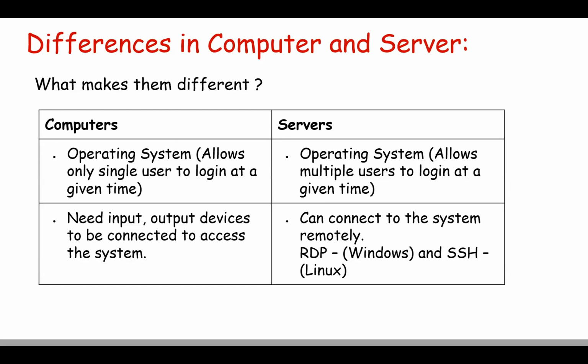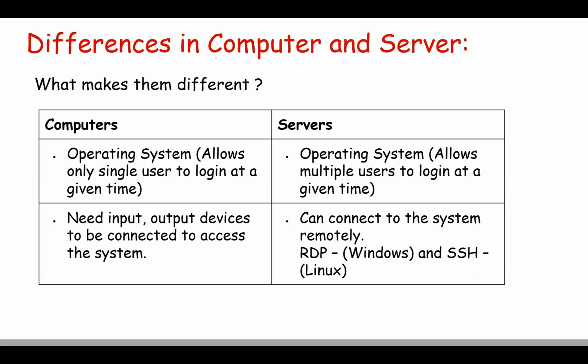Coming to the next part, that is input output devices. It will provide input and output devices to connect and access. But here the server can be connected all over the globe with the help of RDP. RDP is a protocol called Remote Desktop Protocol, which we will discuss in the further classes: what RDP is, how we are going to use it, and what parameters are required to run RDP.